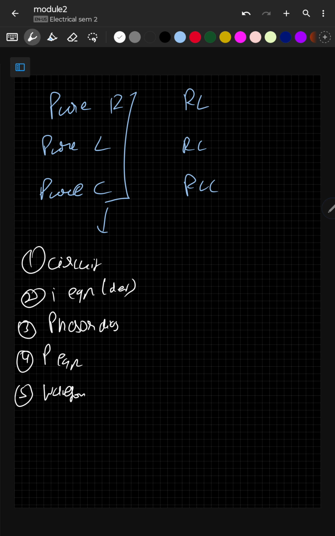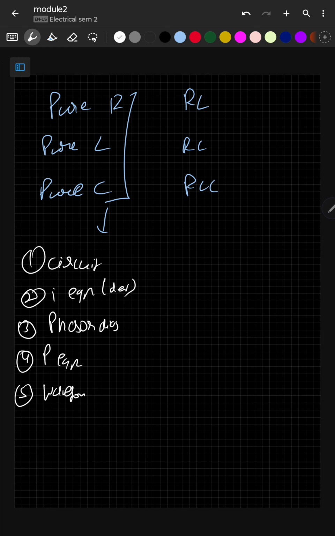So in what order do we write? Circuit diagram, current equation, phasor diagram, the waveform and power equation. For these 3, there's a little bit extra here, and 2 definitions, all of that is included here only.